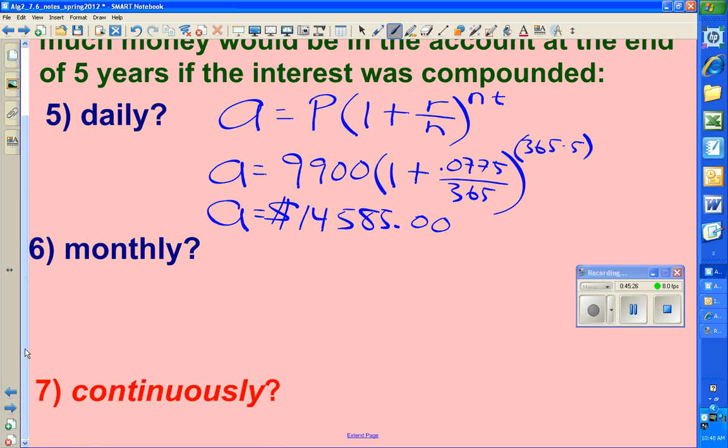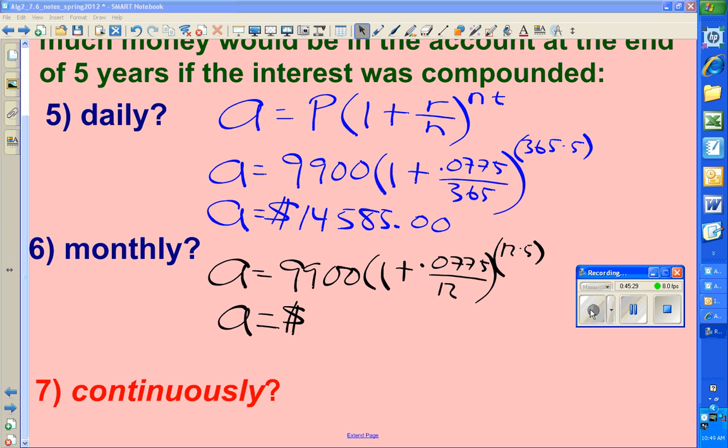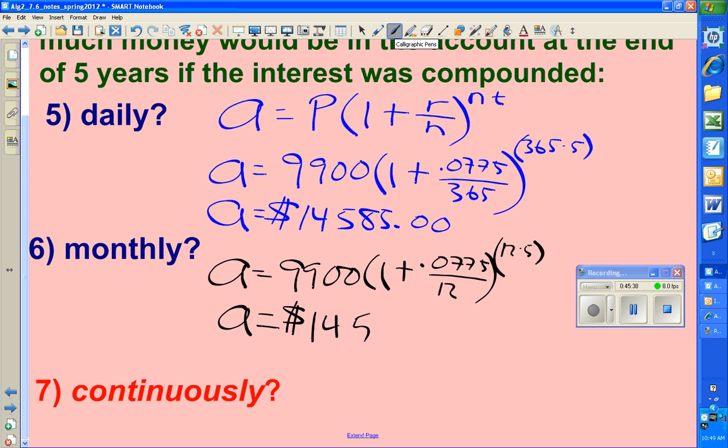Just the n, just the 365. So how much money would you have if you compounded monthly? 14,567.44.